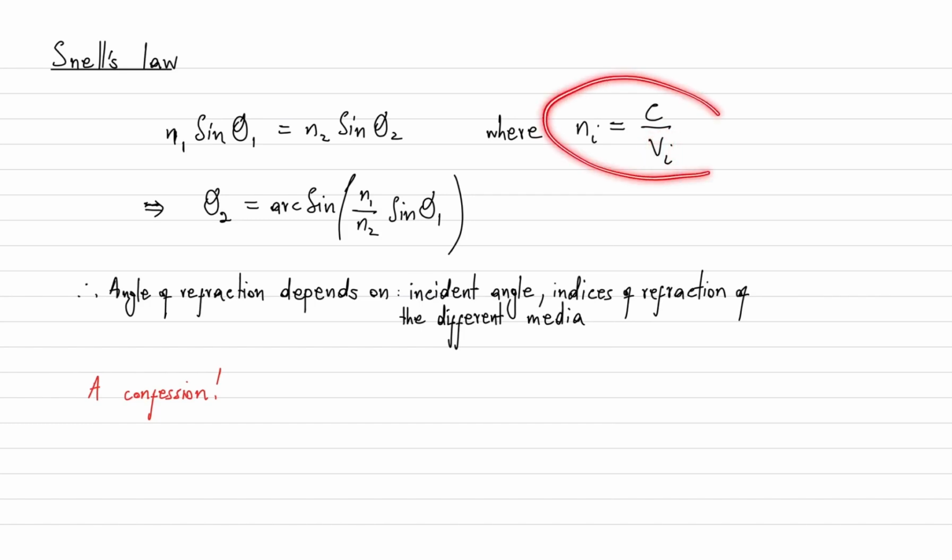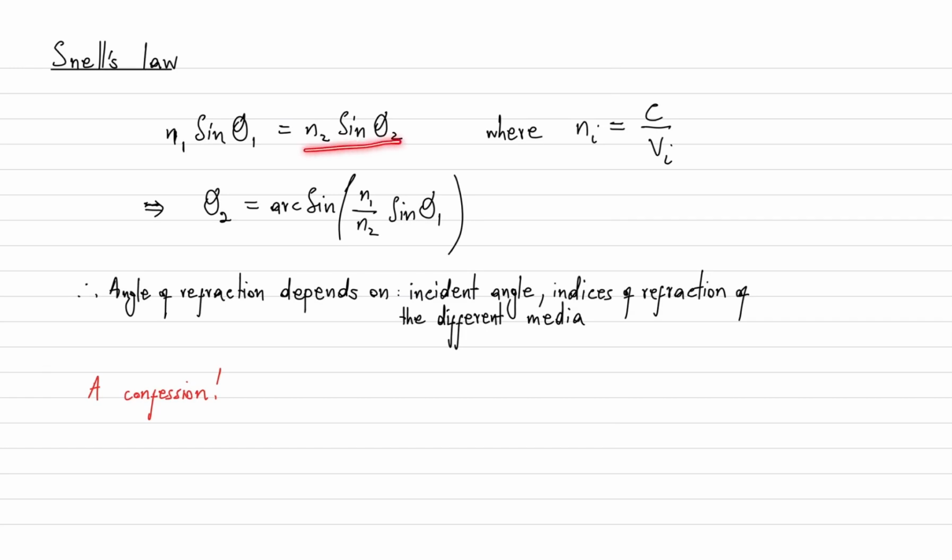This is a property of the medium, so water will have its own index of refraction, and ethanol will have its own, glass would have its own, and diamond would have a different index of refraction.